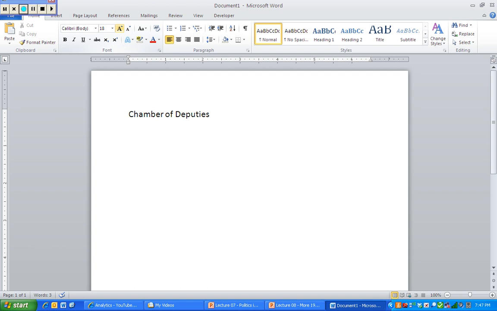So liberals in France, the Chamber of Deputies wasn't super powerful. The king had most of the power. But you had these liberals, people who wanted more freedom, who were more resistant to a powerful government. They were elected into the Chamber of Deputies. Well, Charles steps in, and he refuses to allow those liberal deputies to take their seat in the chamber.